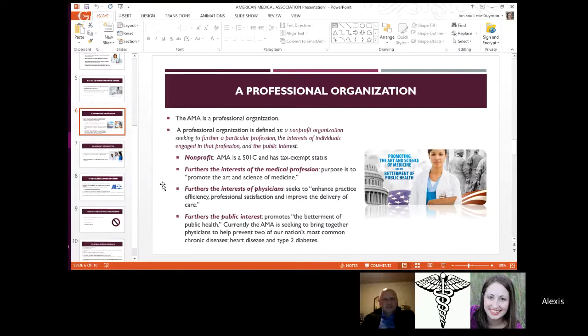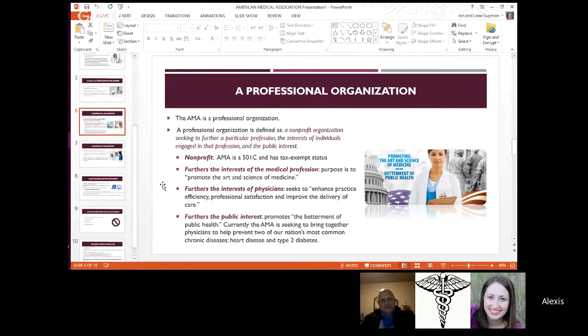They further the interests of the medical profession. They say they promote the art of science, the science of medicine. And then they further the interests of physicians. They seek to enhance practice, efficiency, professional satisfaction, improve delivery of care. They do a lot to help teach physicians how to run their offices efficiently.